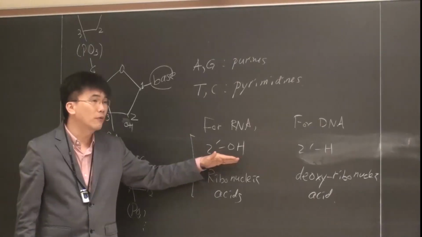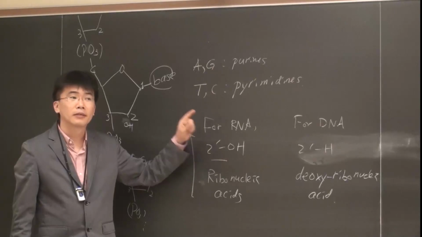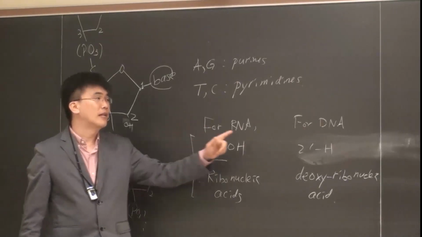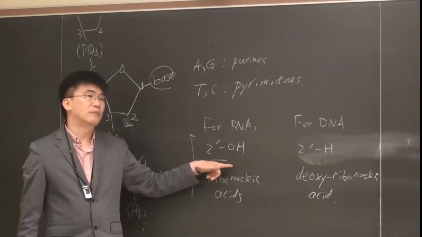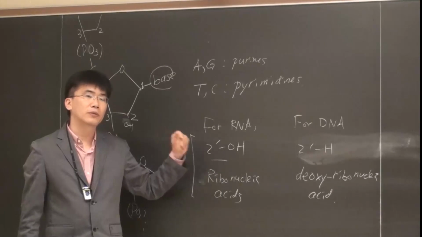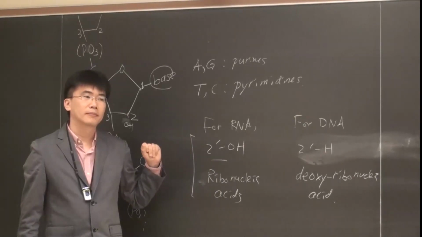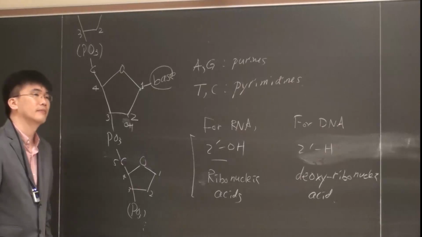But this is also why RNA can function as an enzyme. You cannot make an enzyme made of DNA, but you can make an enzyme out of RNA, because it's highly reactive. That means you can use it to do some catalysis. Questions?